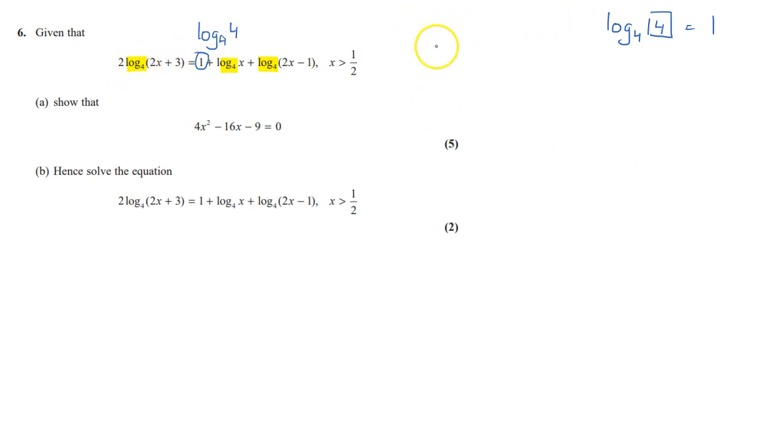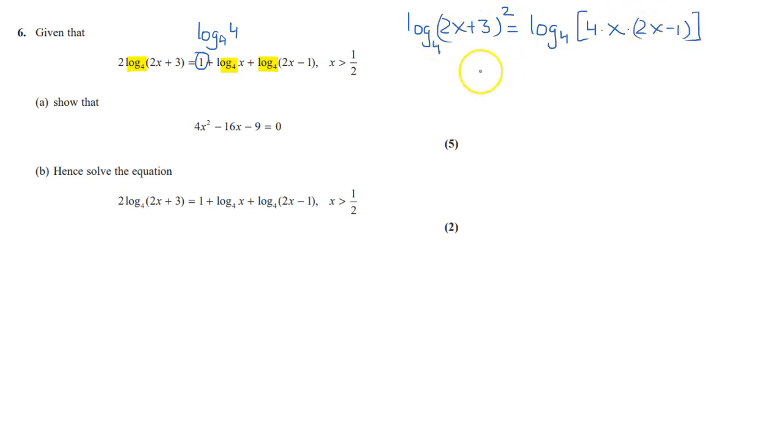So let me write this: log of (2x plus 3) to the power 2 base 4 is equal to, this is log 4, so we can write it as log base 4 of 4 multiplied by x multiplied by (2x minus 1).